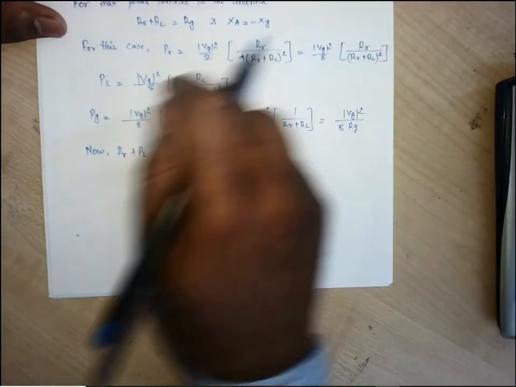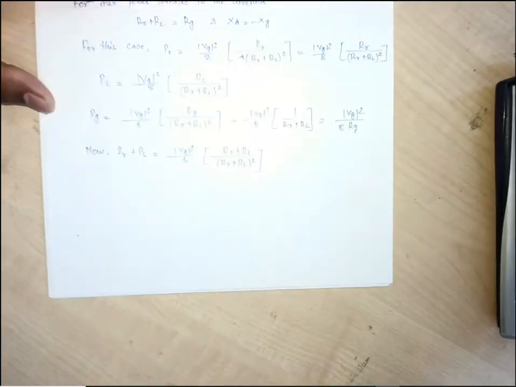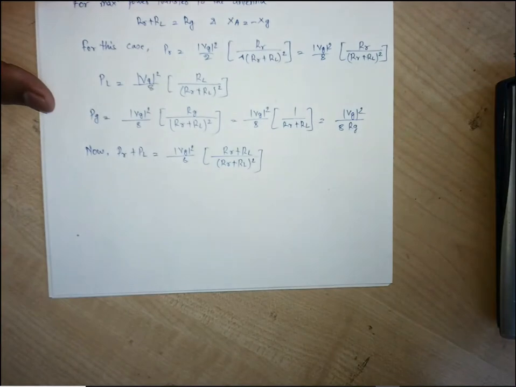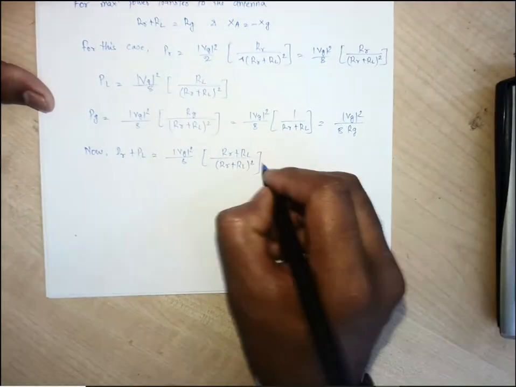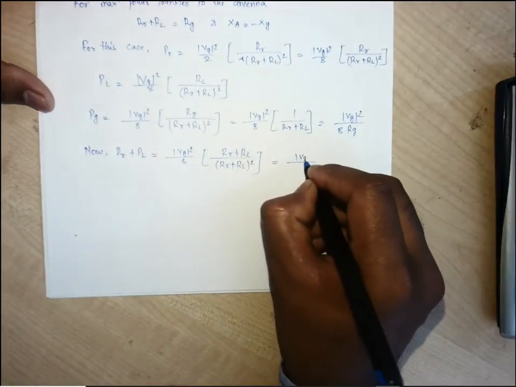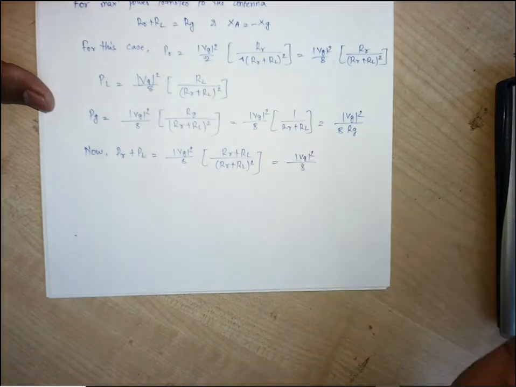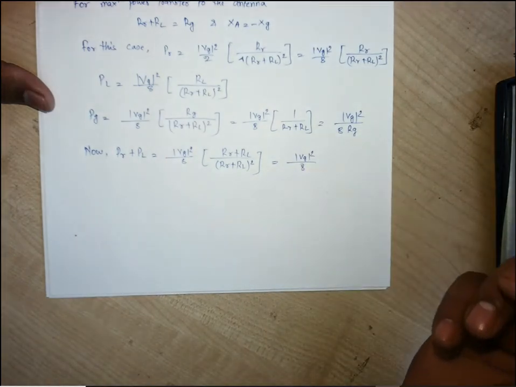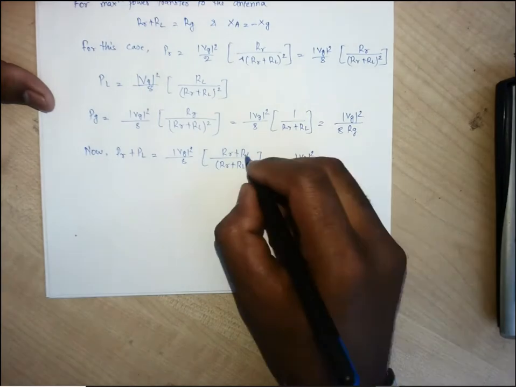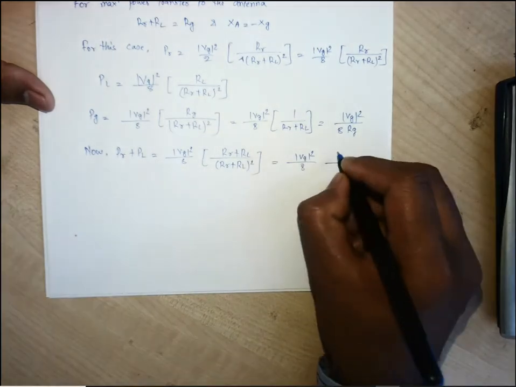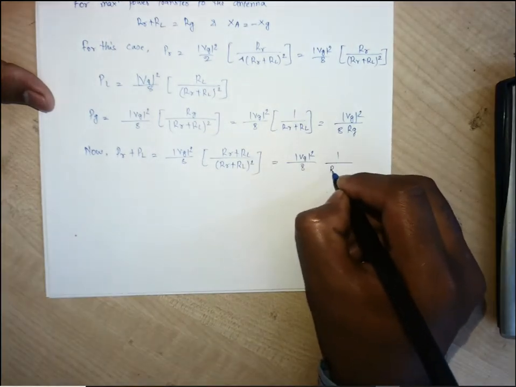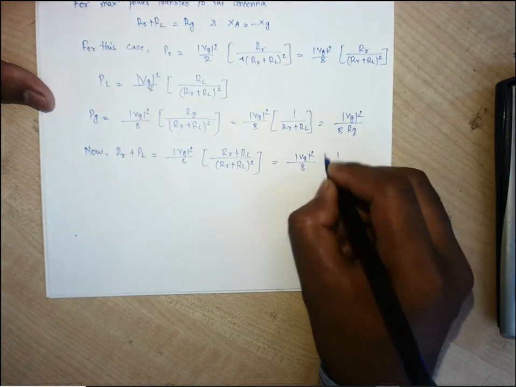If we take these two, this will result into mod of Vg square by 8 times 1 by RR plus RL.